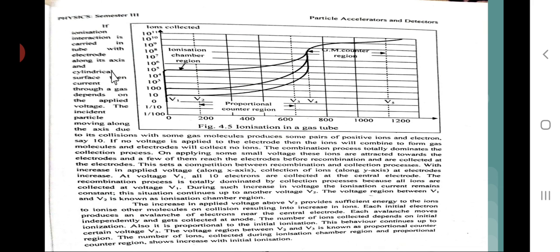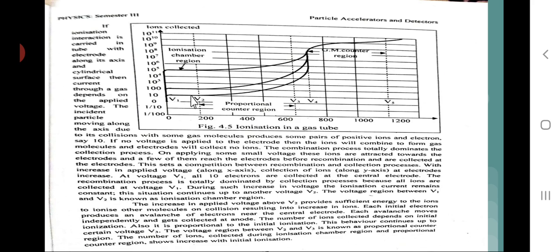Now the variation of ions collected with increasing applied potential is given by the curve, from which these three regions can be explained. These are shown in the figure. This is the applied electrostatic potential and this is the number of ions collected. Now the first region is the ionization chamber.